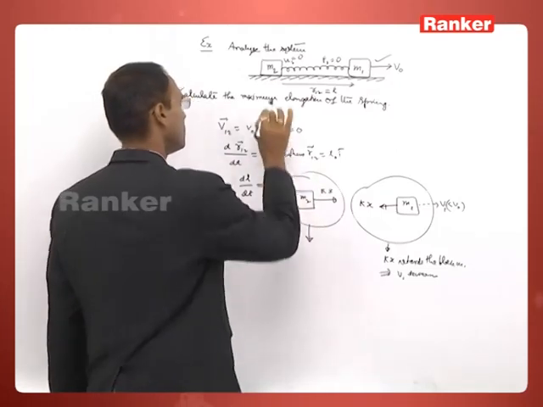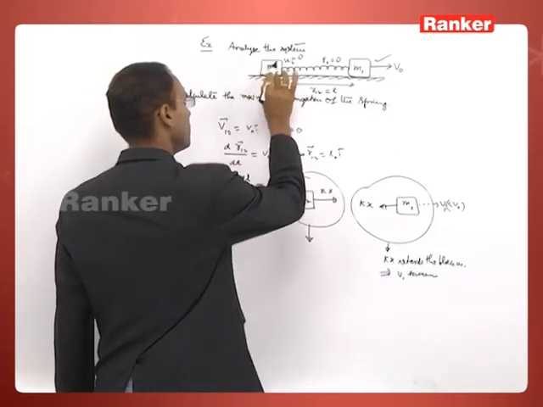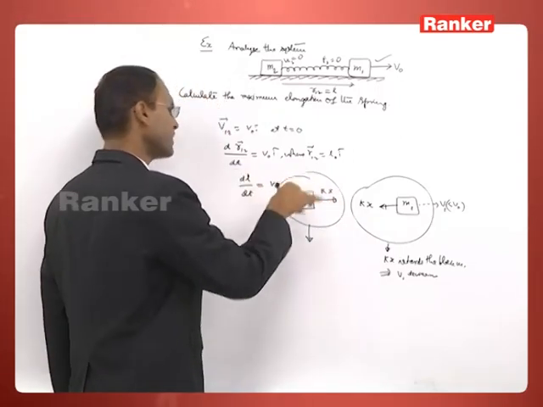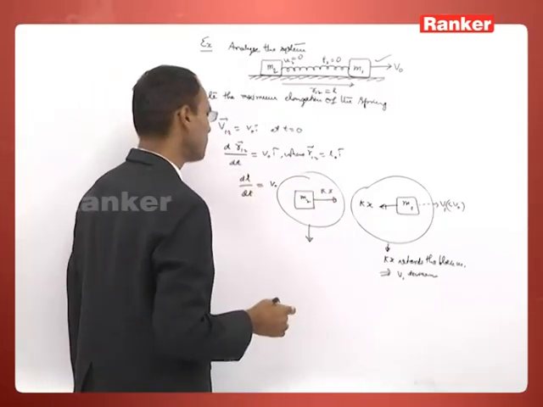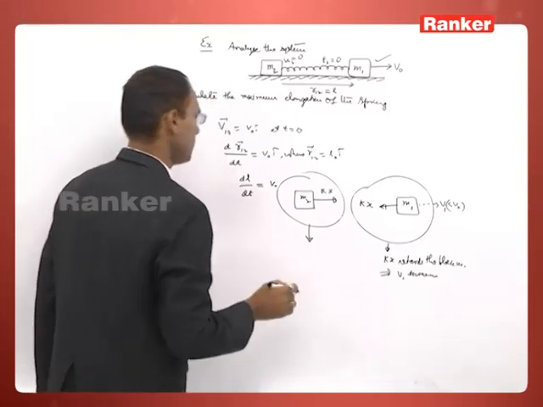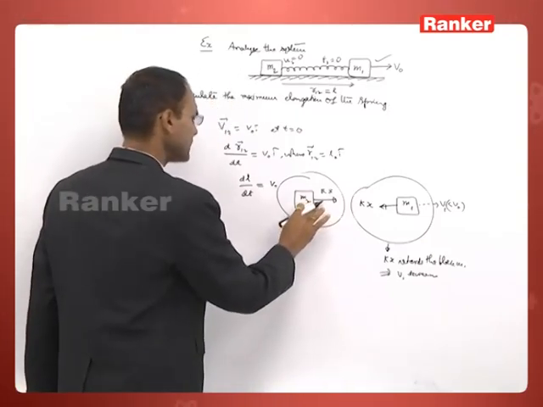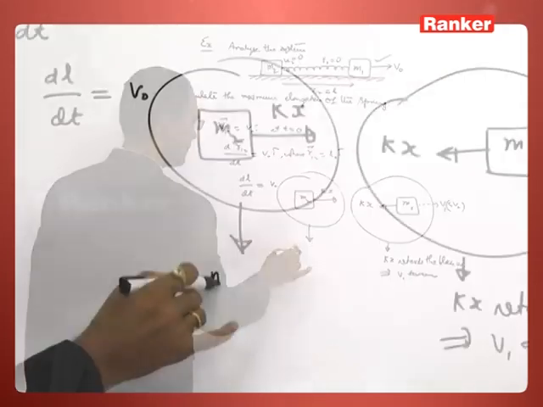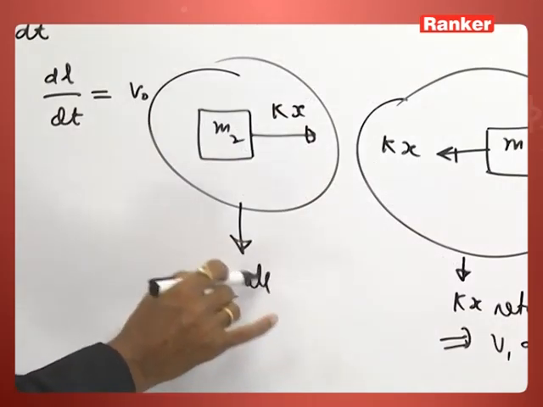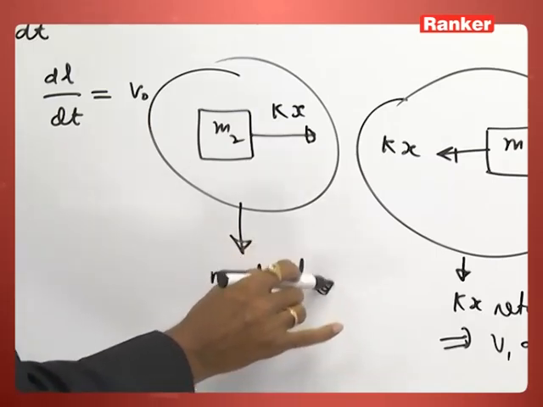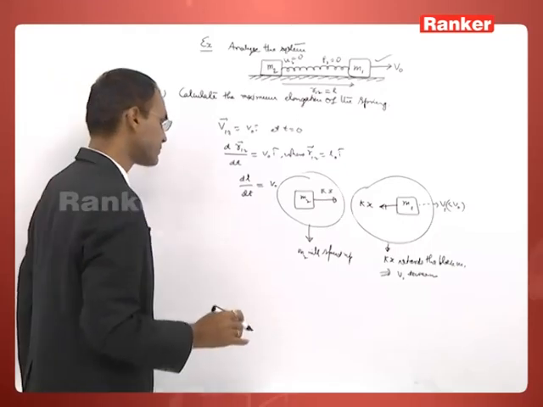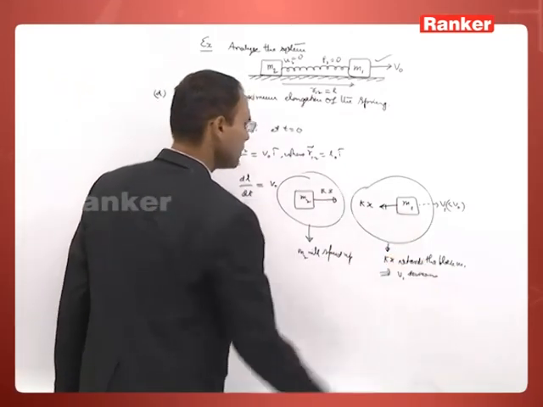Therefore, the force Kx acting on the block M2 will increase its speed, or you can say that M2 will speed up and M1 will slow down.